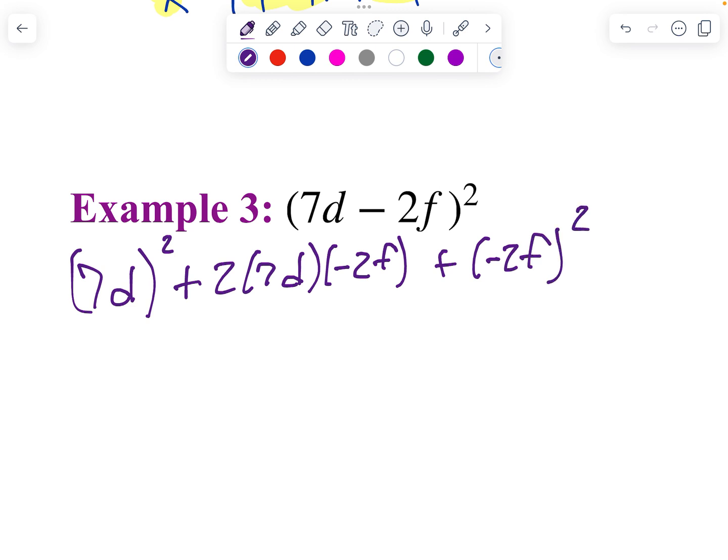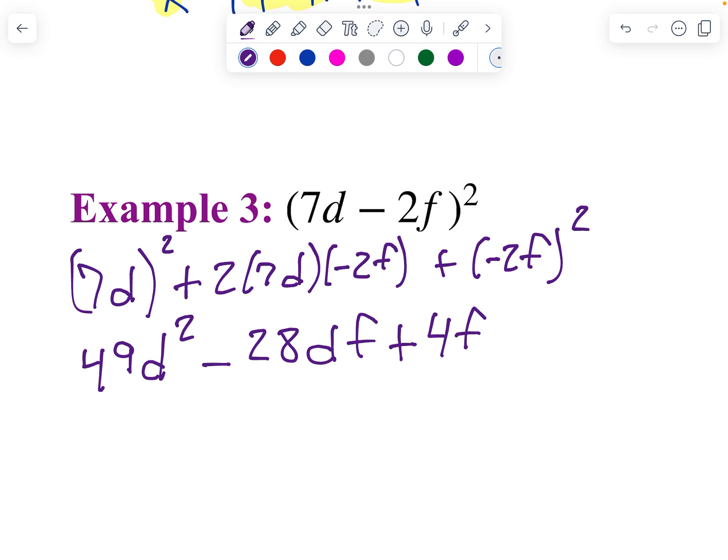So 7d squared is 49d squared. And then 2 times 7 times negative 2, well, that's a negative, so I get negative 28df. When you square a negative, you get a positive, so you get positive 4f squared. So whenever you have a perfect square, that is, a binomial you square, square the first, multiply 2 times the first times the second, square the last.